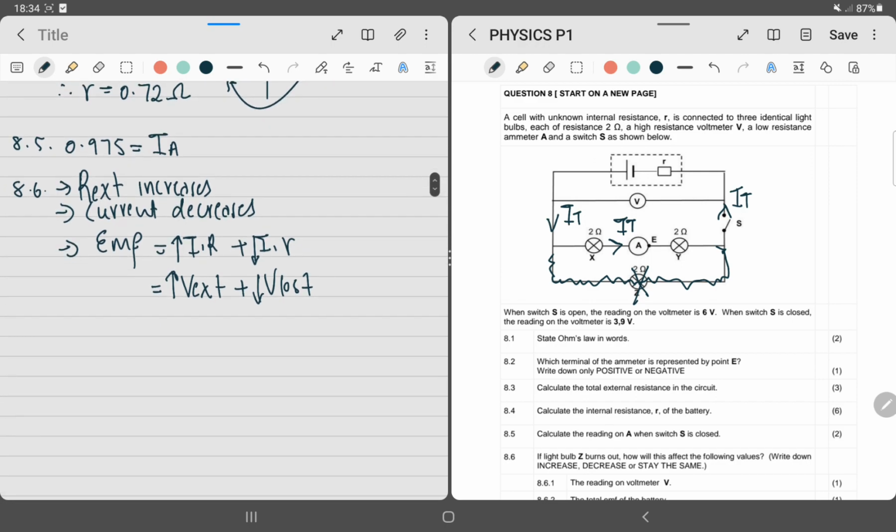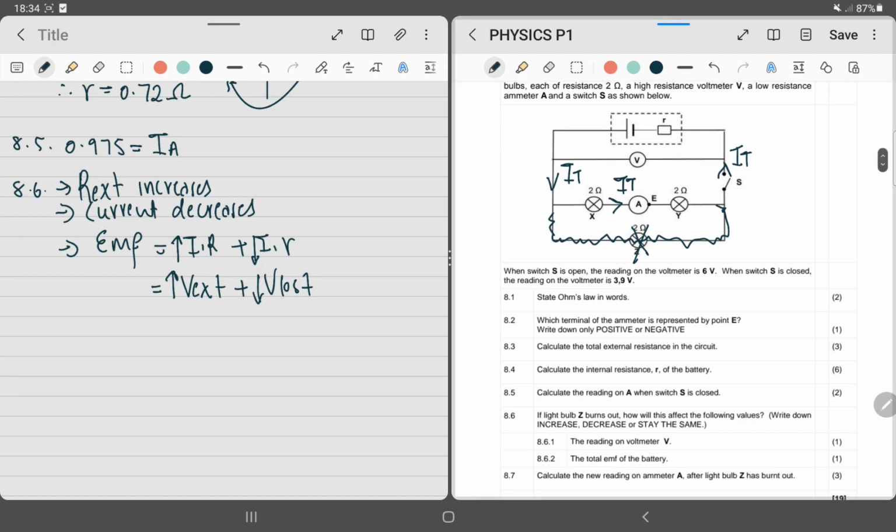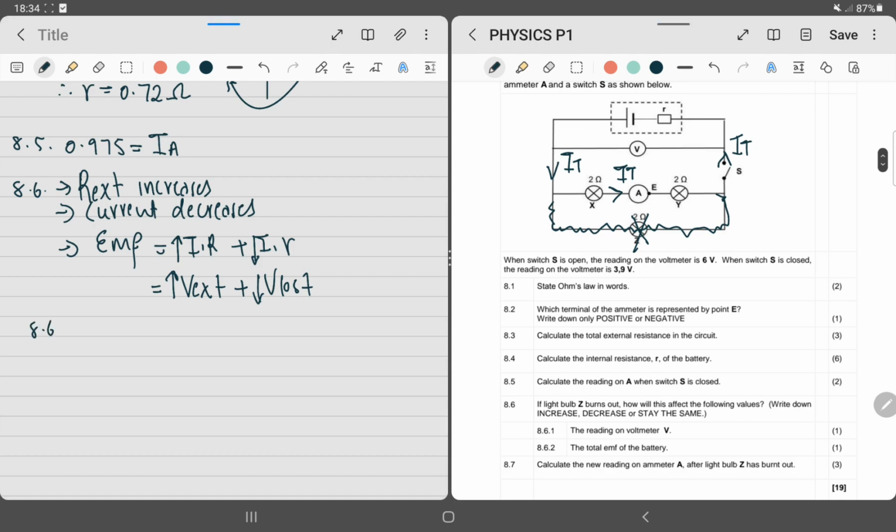The value of the EMF and the internal resistance do not change. 8.6.1. The reading on the voltmeter V. We know that V external increases. 8.6.2. The total EMF of the battery. This stays the same because we said that the EMF as well as the internal resistance do not change.